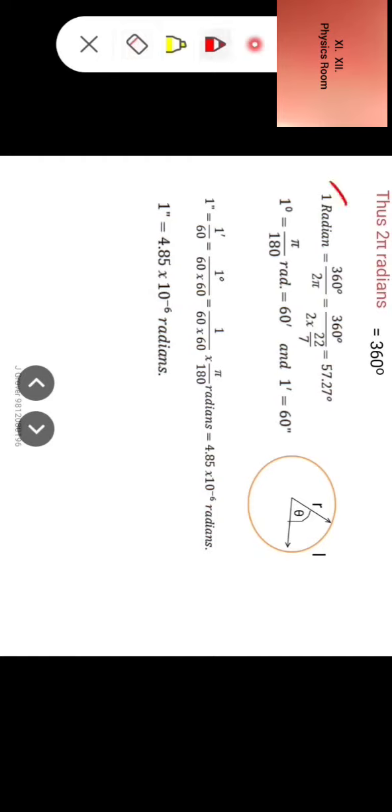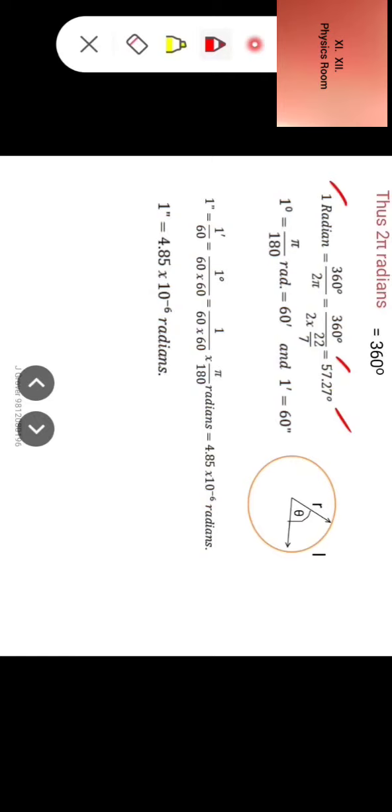Simply we use unitary method. So 1 radian is equal to 360 degree by 2 pi, or it is equal to 360 degree by 2 into 22 by 7, or it is equal to 57.27 degree. Now 1 degree is equal to how many radians?